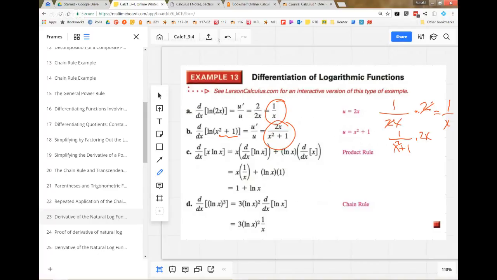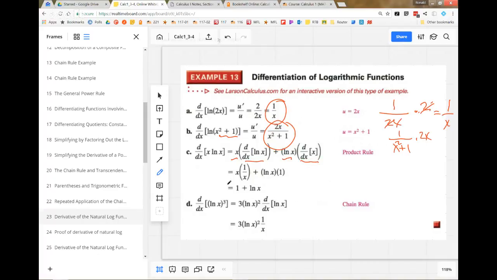Okay, now in part C, we have a product rule: x times the natural log of x. So here we have to apply the product rule, and we still have to remember how to take the derivative of a natural log. What do we do with the product rule? The first times the derivative of the second plus the second times the derivative of the first.